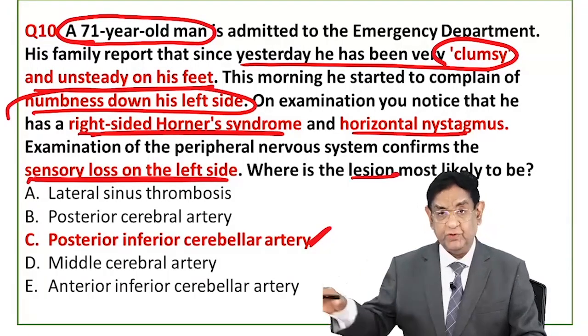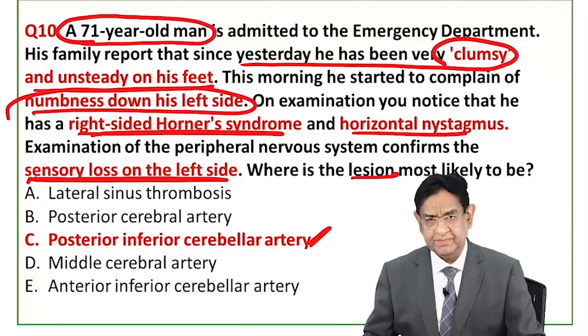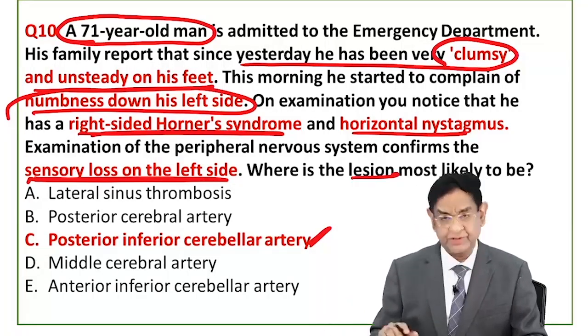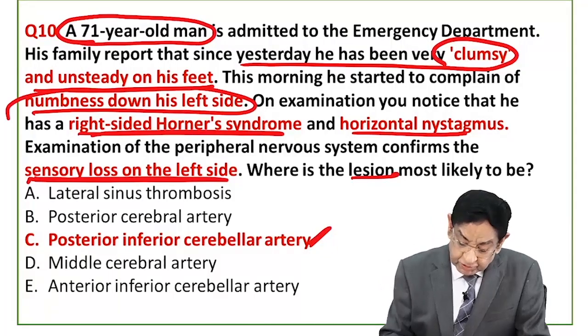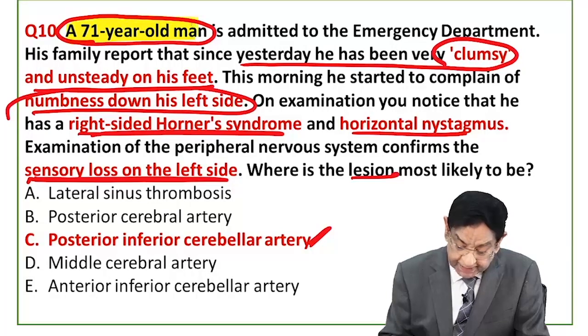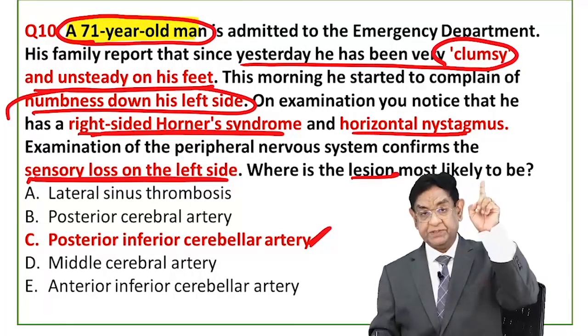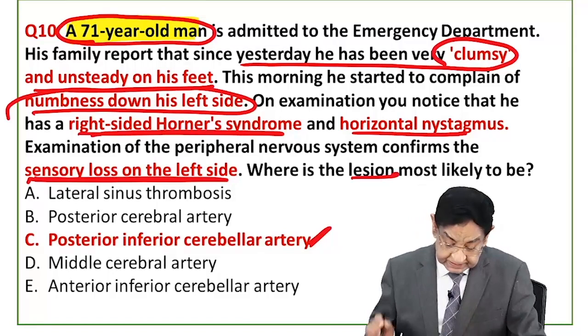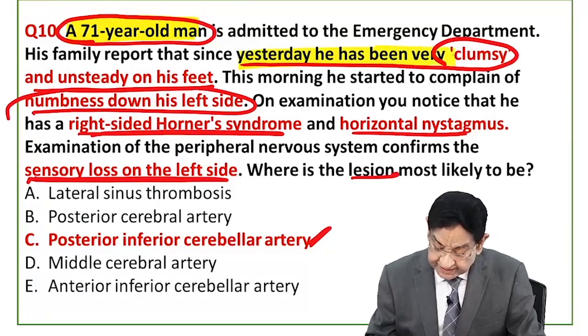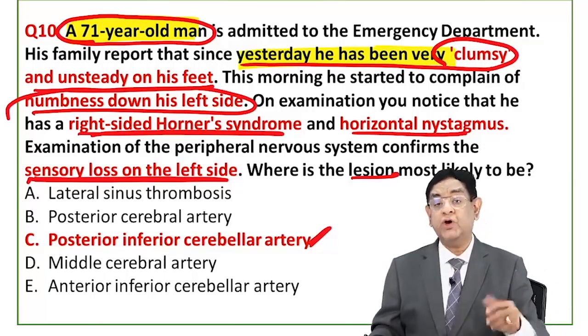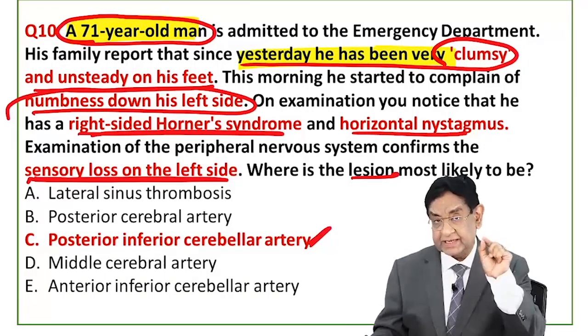But before I come to the basic concept, let me look into the question once again. Look into the patient: a 71-year-old man, an elderly person. Second point, the problem has been there only since yesterday. It's an acute onset, sudden onset.